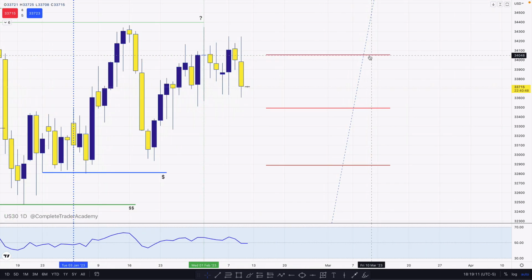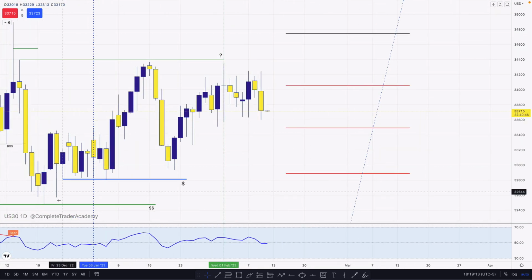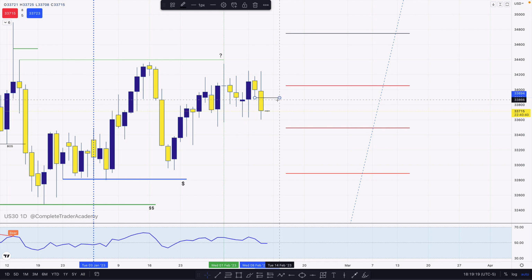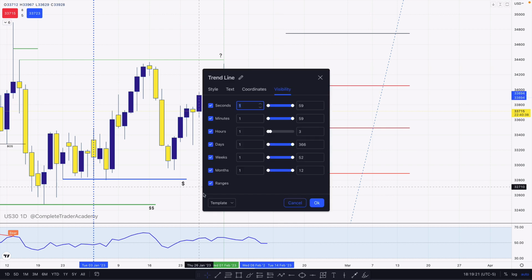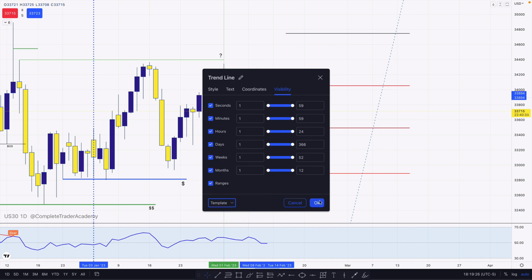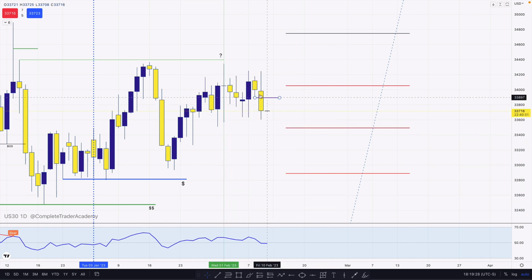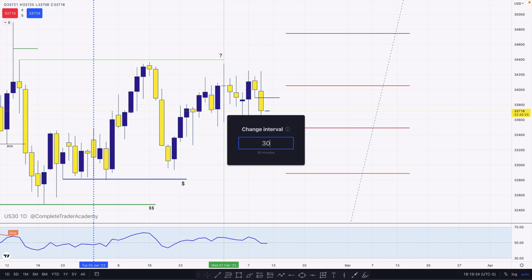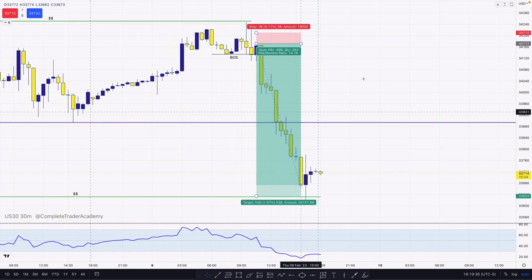So between this wick right here, at the least, and that line right there, price can come up, or it can come down. Let me go into a 30-minute.